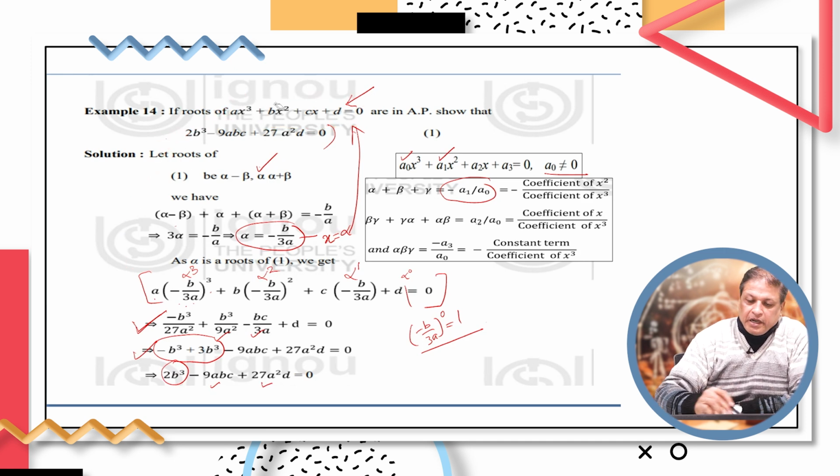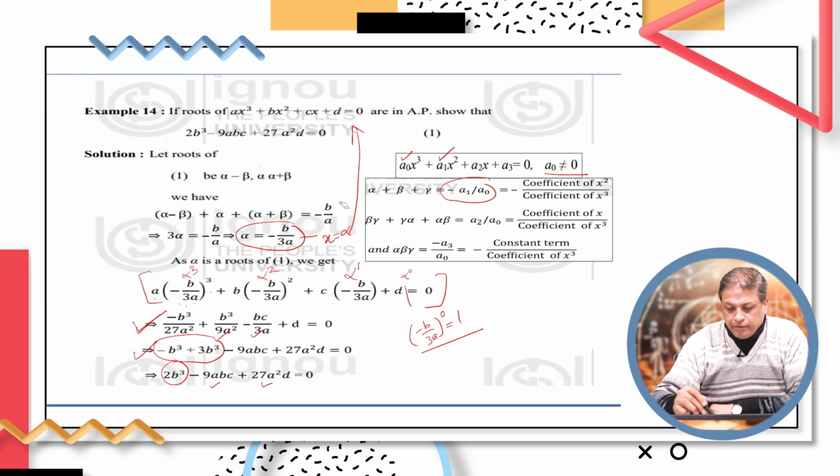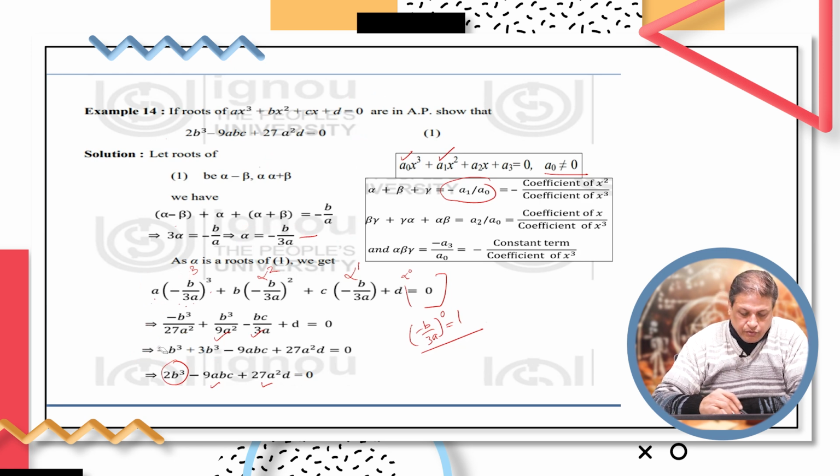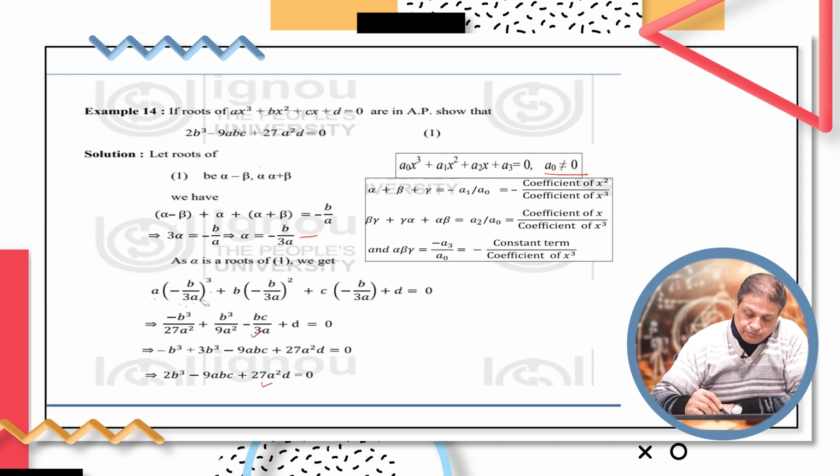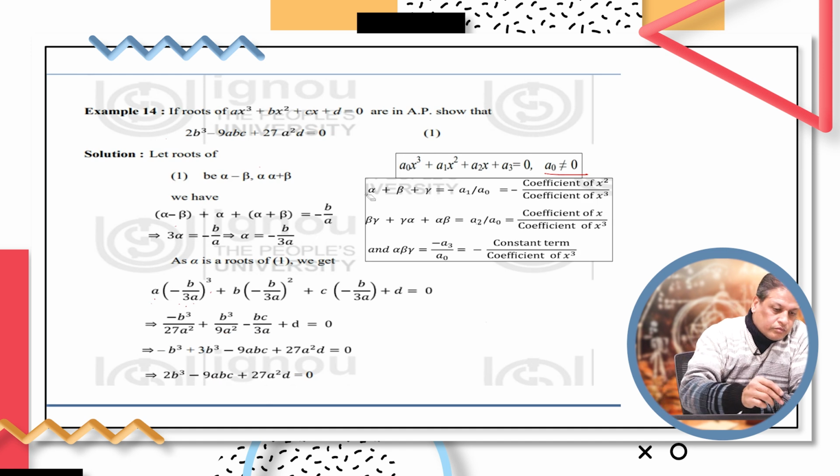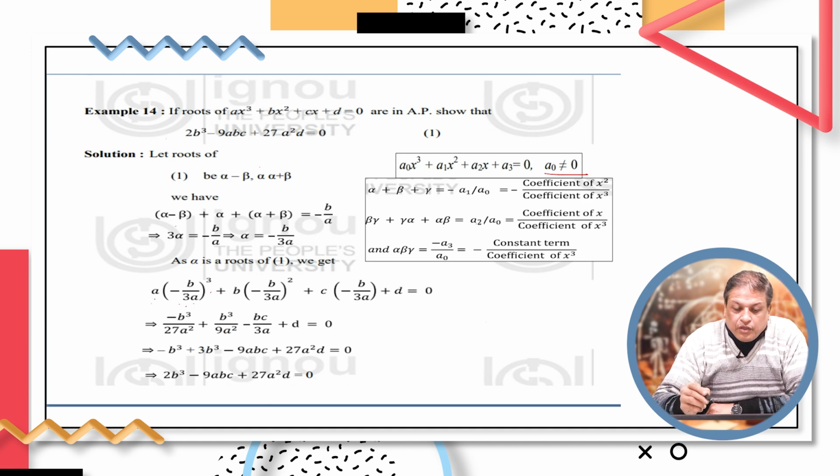Let me repeat for your better understanding what we had done over here. The question was that if the roots of the cubic equation are in AP, show that 2b cube minus 9abc plus 27a square d is equal to 0. Because they are in AP, we assumed that alpha minus beta, alpha and alpha plus beta are the three roots.